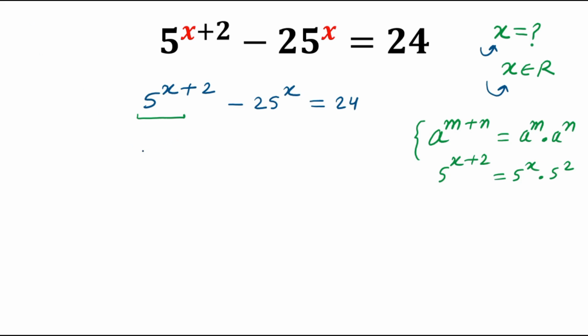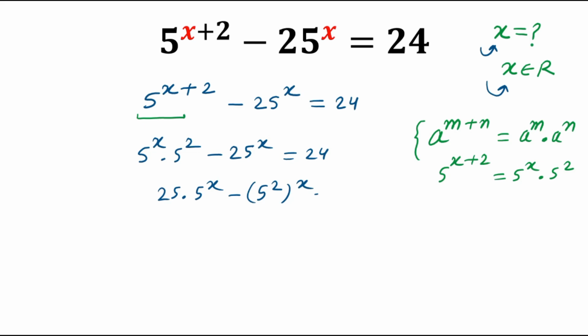Then this expression is 5 power x times 5 power 2 minus 25 power x, and this is equals to 24. 5 power 2 is 25, so 25 times 5 power x minus, this 25 is 5 power 2 bracket power x, equals 24.